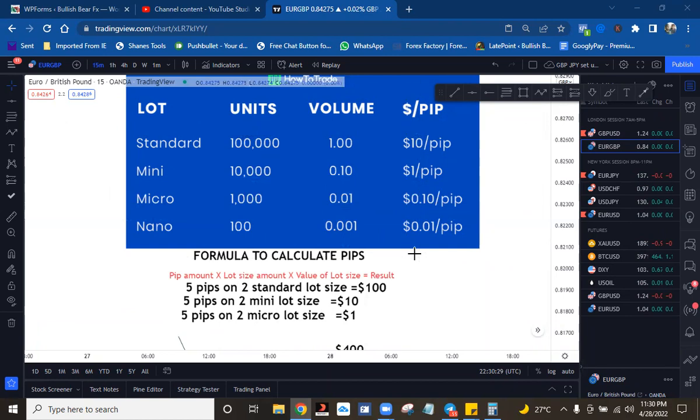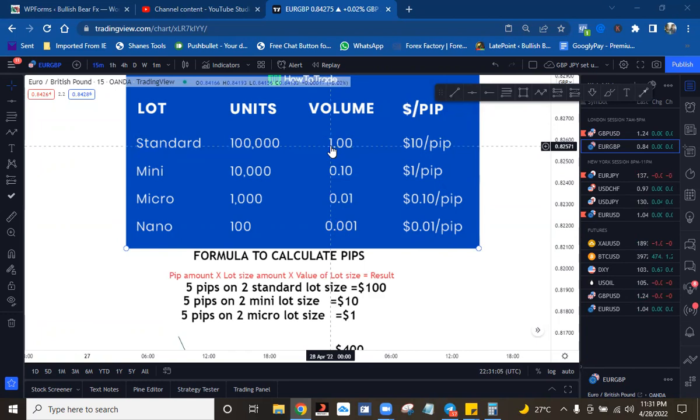Okay. So what about standard lot size? Is it that anything above one is known as standard lot size, then mini lot size is anything below 1, then the micro 0.01? No, not anything above 1 is standard lot size. If any number crosses the decimal and comes in front before the decimal, it is a standard.